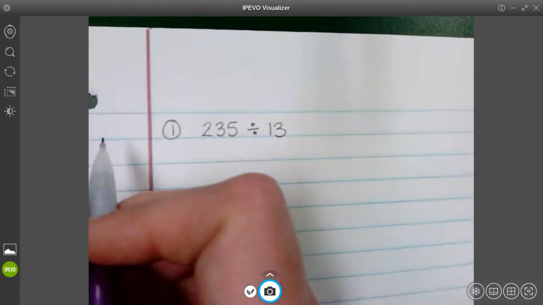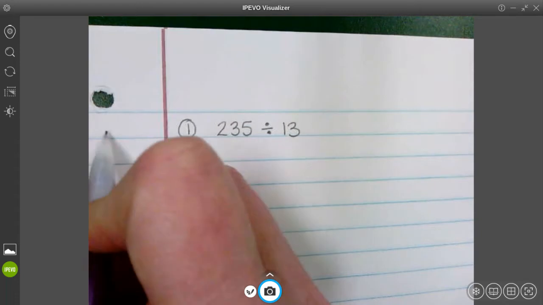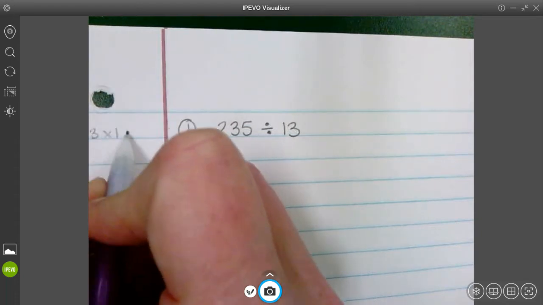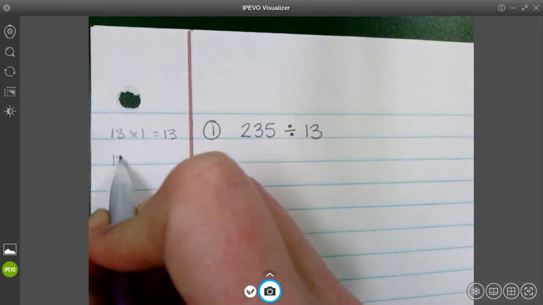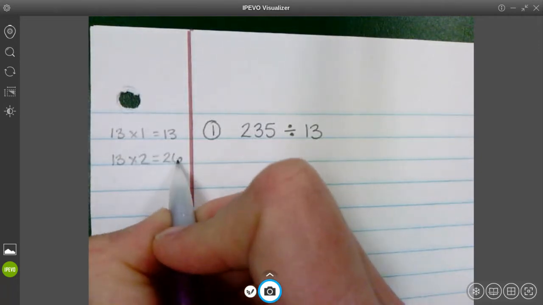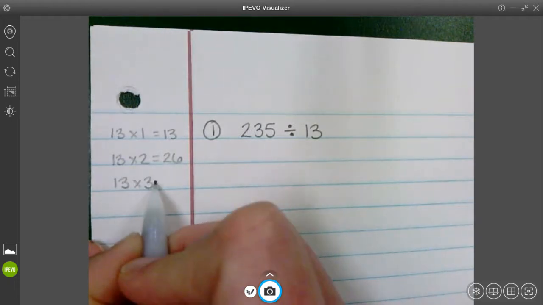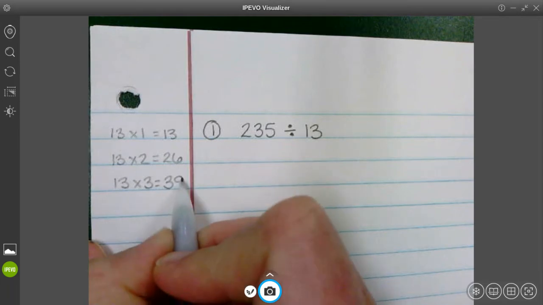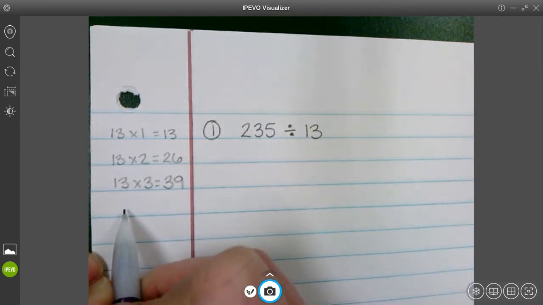So over here on the side, we're going to think about 13 times 1 is 13. 13 times 2, 26. 13 times 3, 39. And you can just keep adding more to it as we go.